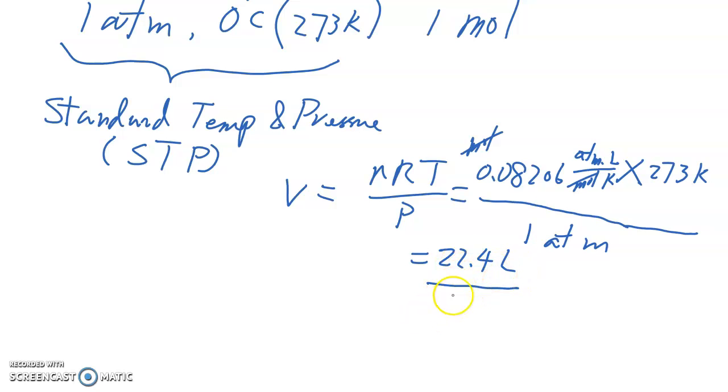So I round it off. This is independent of what gas it is. If you have a gas of oxygen or a gas of nitrogen, they all take the same volume. It's a little bit more than a 5-gallon bucket. So that is the size of 22.4 liters.